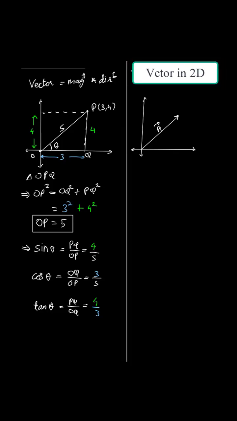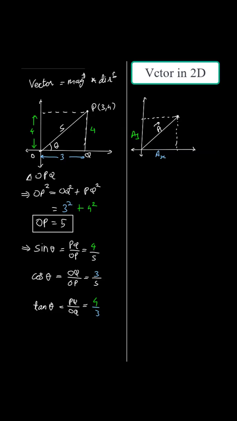It has magnitude as length, and direction. Drawing a projection on the x-axis will give us the x component of the vector, that is Ax, and drawing a perpendicular on the y-axis will give us the y component of the vector.